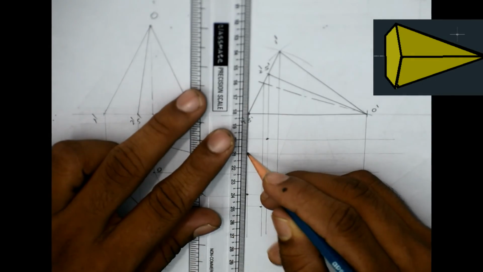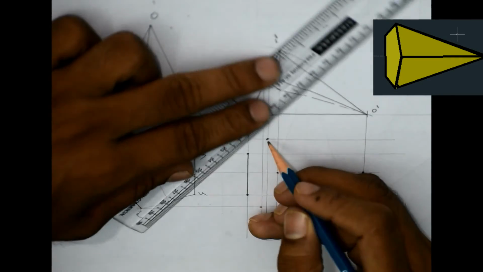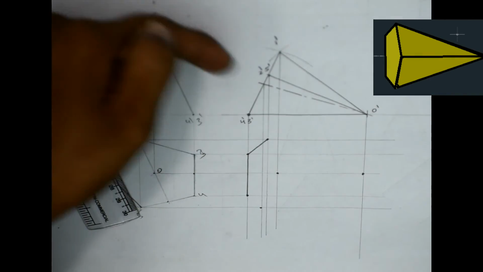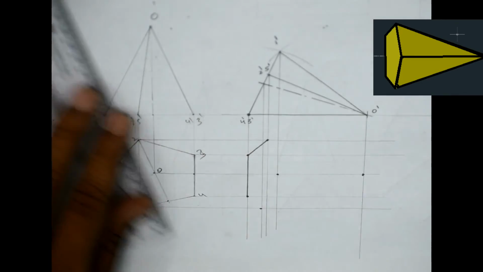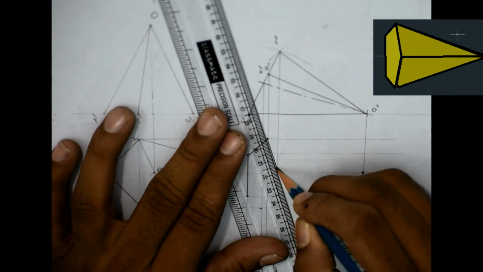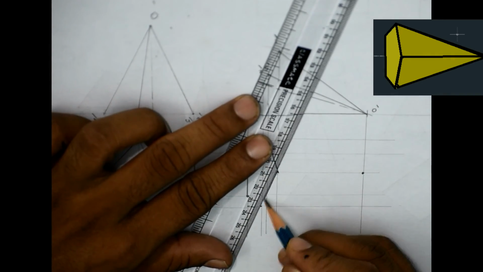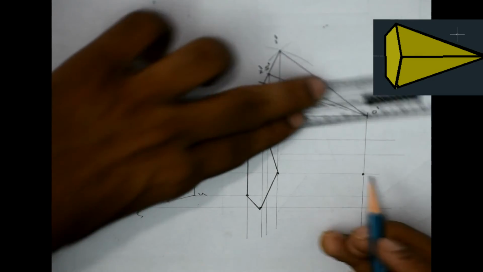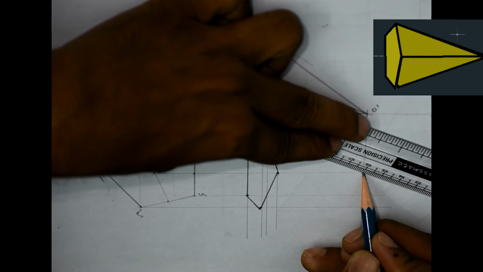So you will see that there will be a little pentagon which has been contracted, which is actually visible from the top. As you can see, if you are viewing from this side, this will be visible. That is why I am darkening all the sides of this pentagon, and I have to join this with the apex point.